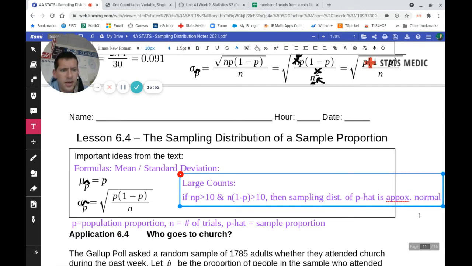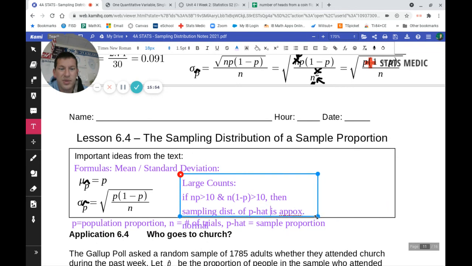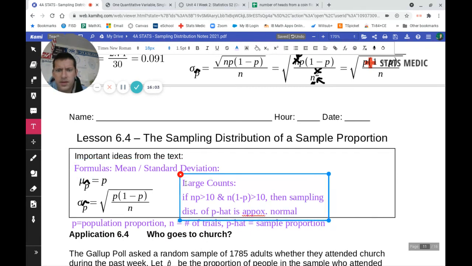We were able to see that today because we did it last time too. Let's make sure we can see all that right there.